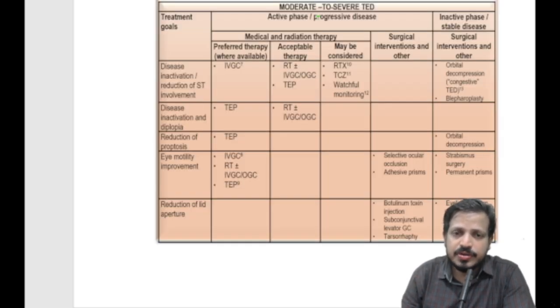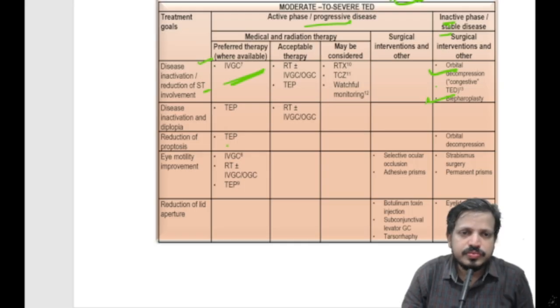If the disease is moderate to severe, it may be active or progressive, or inactive or stable. In active disease, if the treatment goal is disease inactivation or reduction of soft tissue involvement, the preferable therapy is IV glucocorticoid, and radiotherapy or teprotumumab can also be given. In stable or inactive disease, we go for orbital decompression or blepharoplasty.